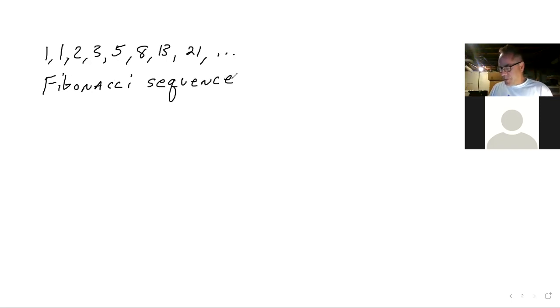Then there are other sequences that are neither geometric, arithmetic, nor even Fibonacci.